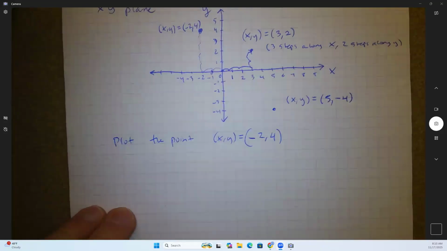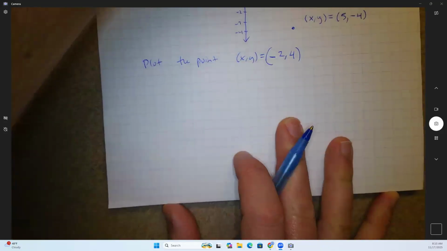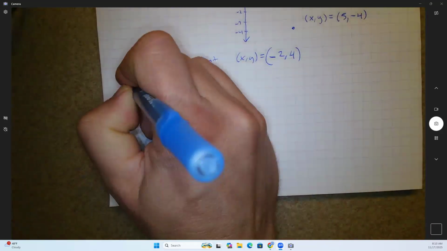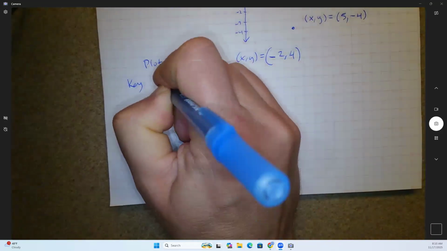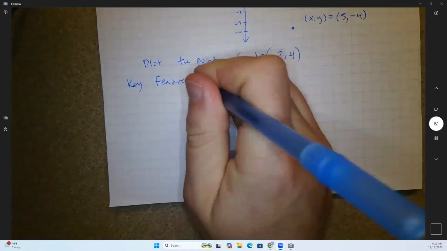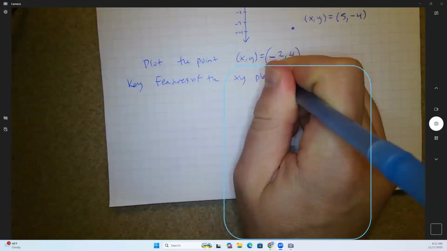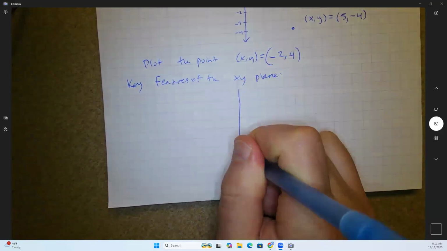All right, let's talk about the different features of the coordinate plane. Key features of the XY plane. I'll draw it again.